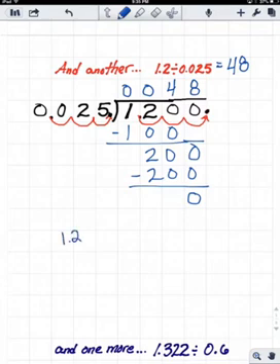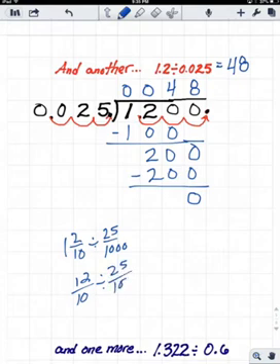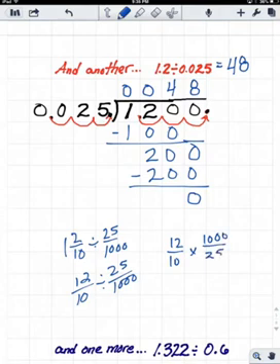1.2 is the same as 1 2/10 divided by 25 thousandths, which is 12 tenths divided by 25 thousandths, which is the same as 12 tenths times 1,000 over 25. Take my reciprocal.